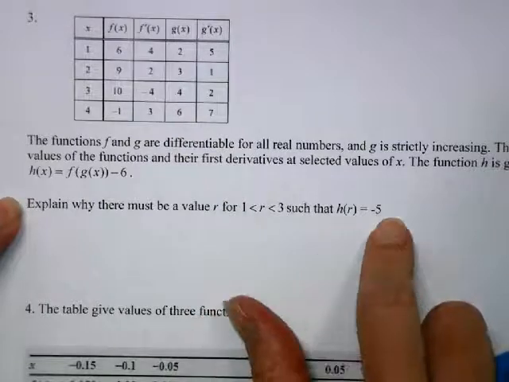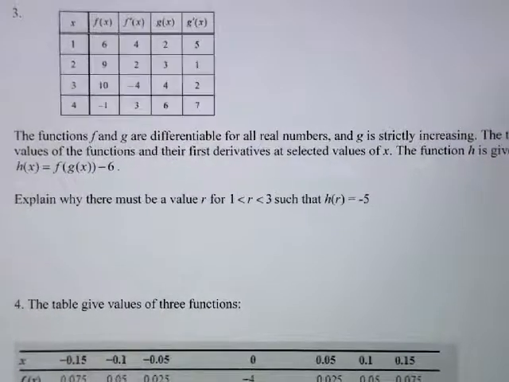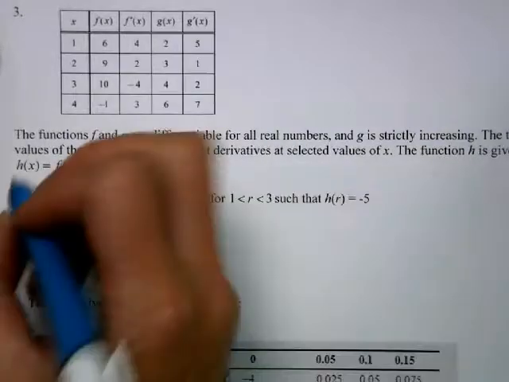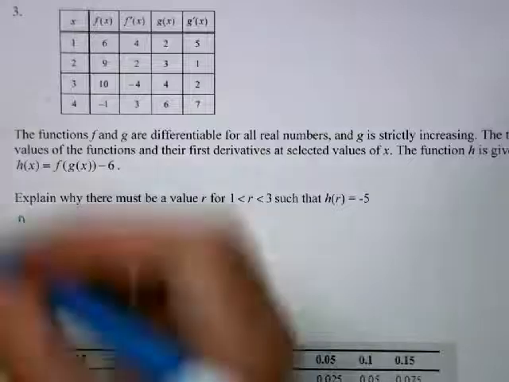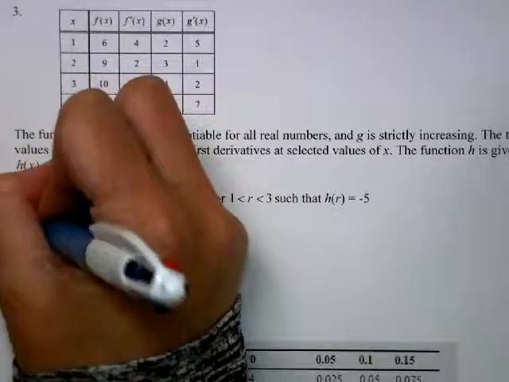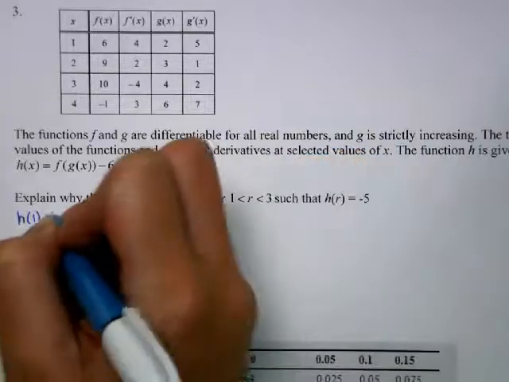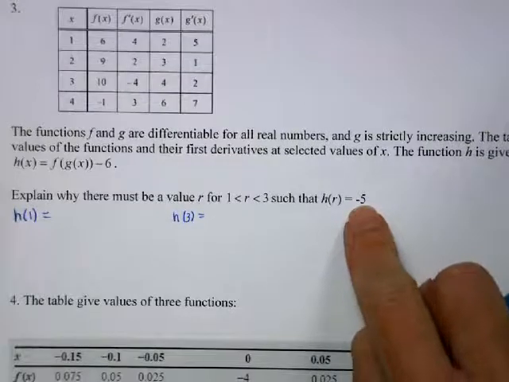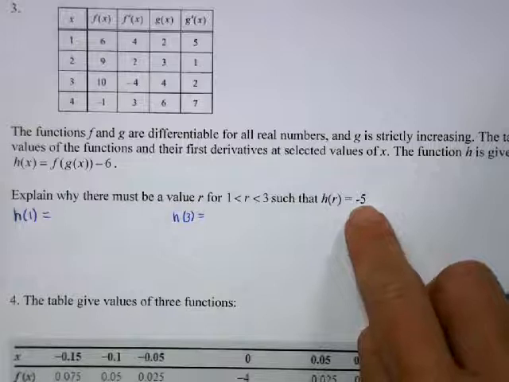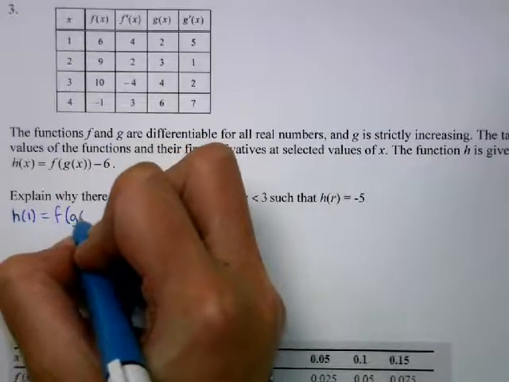So what I need to do is evaluate h of 1 and h of 3. It's probably a safe bet to say one's going to be bigger than -5 and one's going to be smaller than -5. H of 1 is going to be f of g of 1 minus 6. Now we use the chart. So g of 1 is 2.